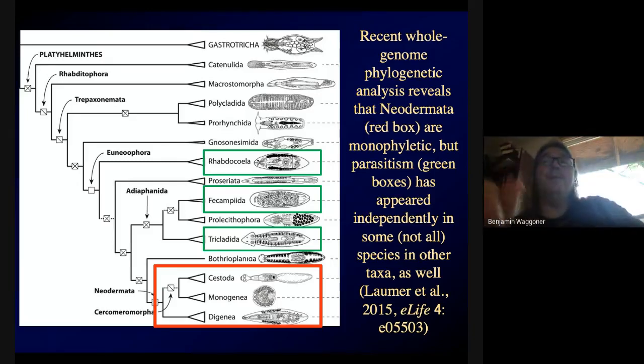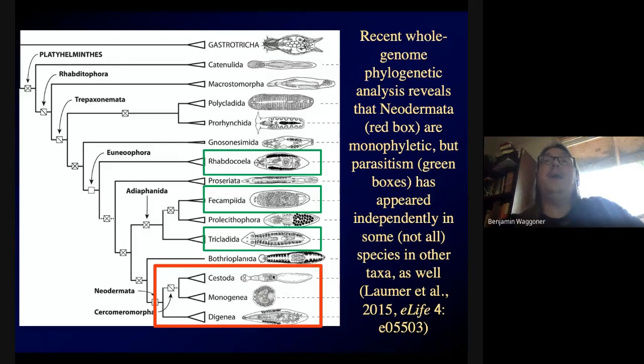Down at the bottom there in the red box, those are the three taxa that belong to the Neodermata. The Cestoda is tapeworms. Monogenea is that ectoparasite group that hangs out on fish. And Digenea is flukes. And they all form a clade.